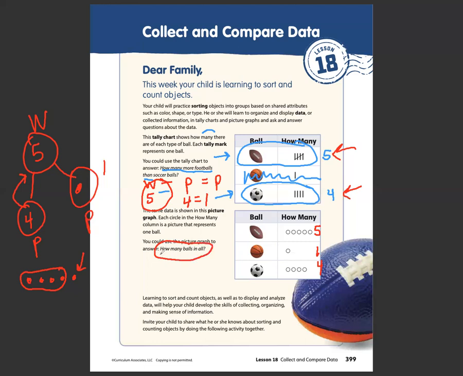If we have a question that says how many balls in all, we are going to add. In all means we are putting parts together, right? Well, we have 3 parts. We have 5 as a part for footballs, 1 as a part for basketballs, and 4 as a part for soccer balls.